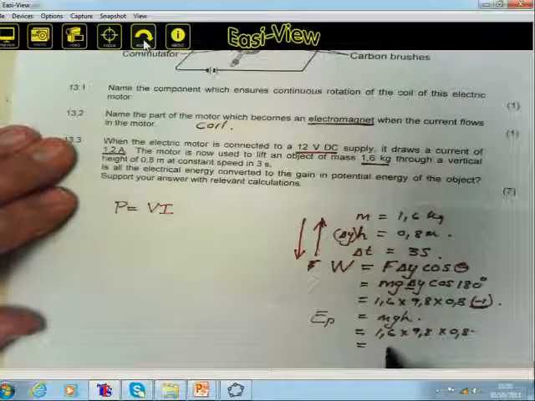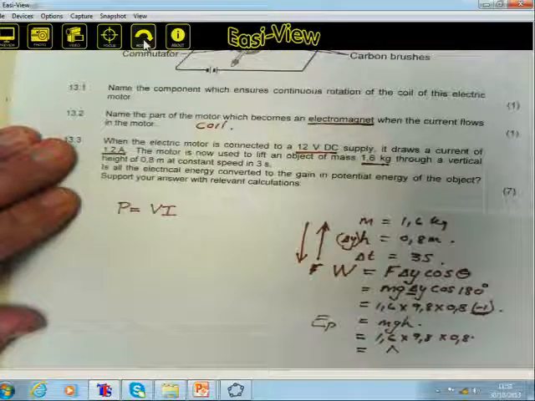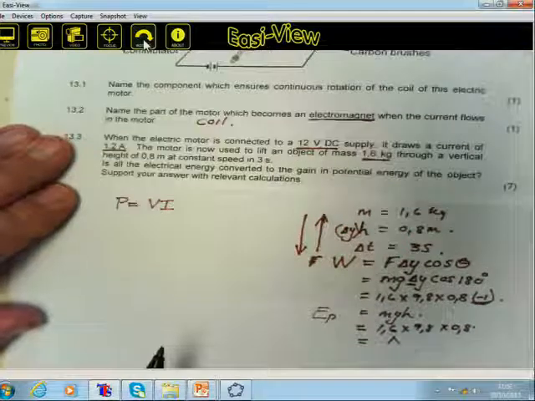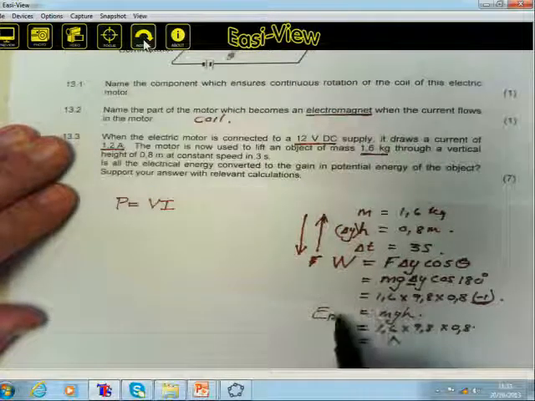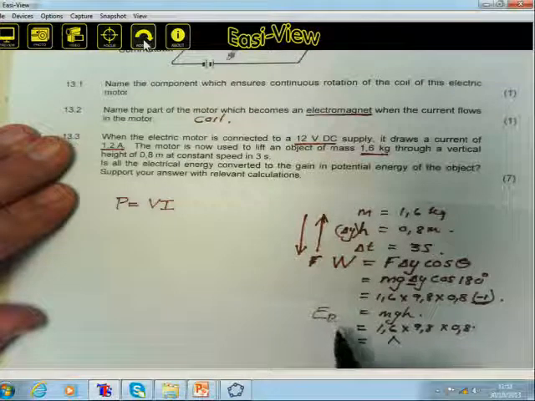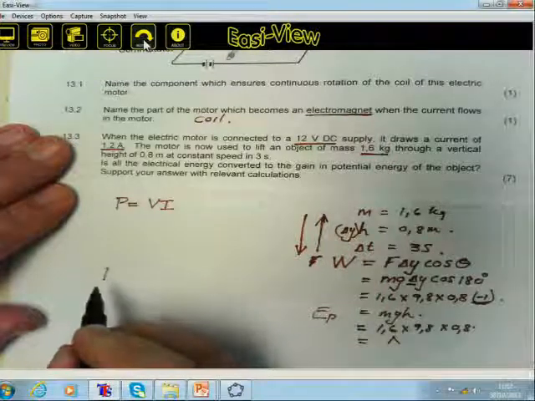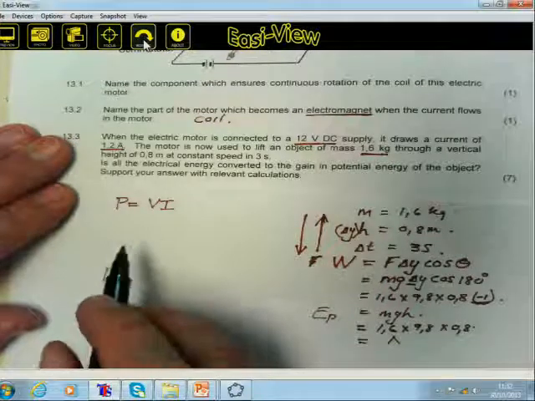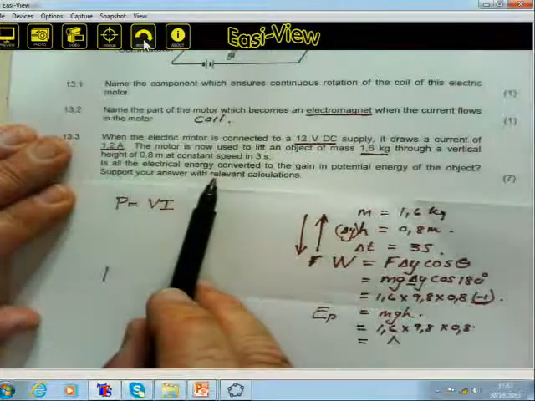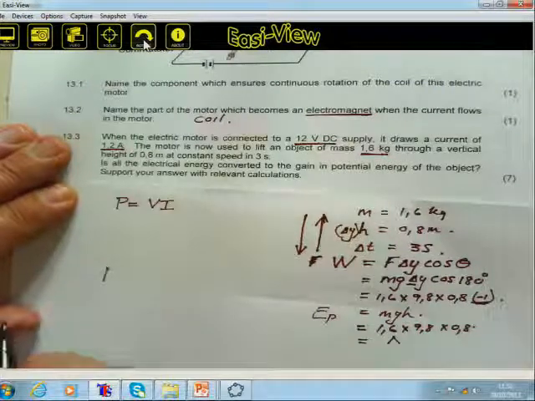Unfortunately, I don't have my calculator here to get an answer, but I'm sure you will get it where you are sitting. Right, now you have the work done, or the gravitational potential energy gained. But you must now calculate the power, because the question is: is all the electrical energy converted to gain potential energy in this instance?